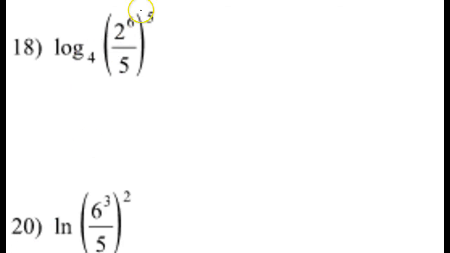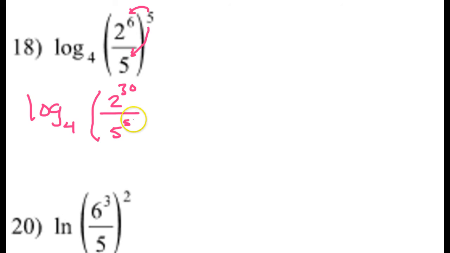For number 18, the first thing we have to do is raise the numerator and the denominator to this power. So this is the same thing as having log base 4 of 2 to the 30th power. When you raise a power to a power, you multiply, over 5 to the 5th power.